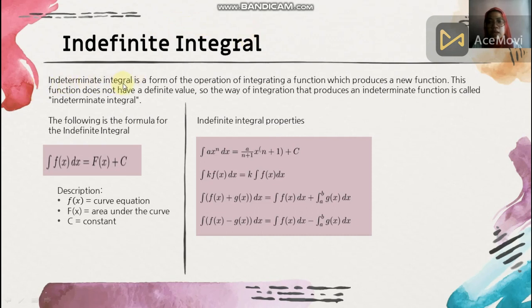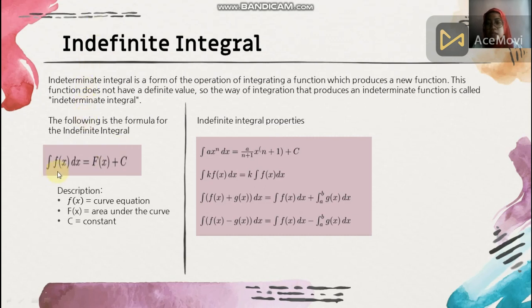Indefinite integral is a form of the operation of integrating a function which produces a new function. This function does not have a definite value, so the way of integration that produces an indeterminate function is called indefinite integral. The following is the formula for indefinite integral.